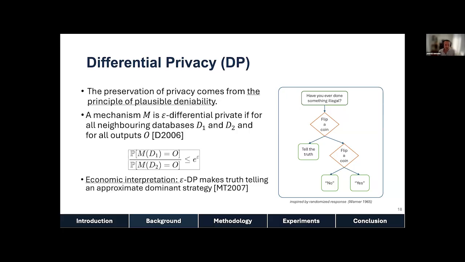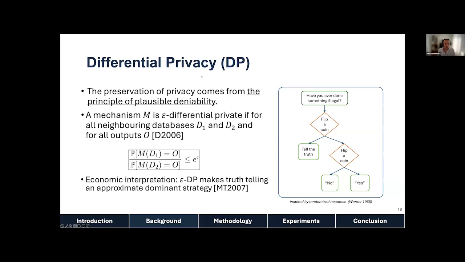The epsilon is actually the parameter of the mechanism. It's sometimes also called the privacy budget, because the more that you increase the budget, basically the less privacy you get for individuals.